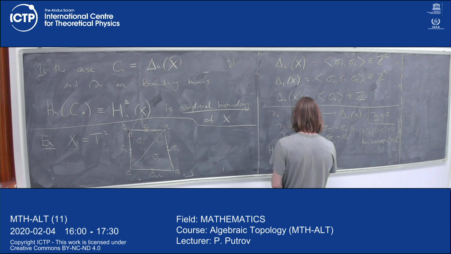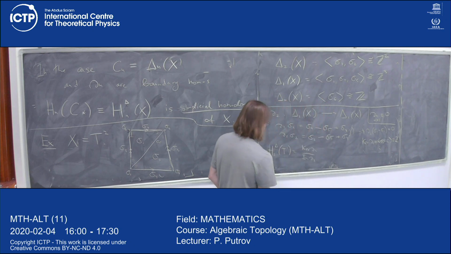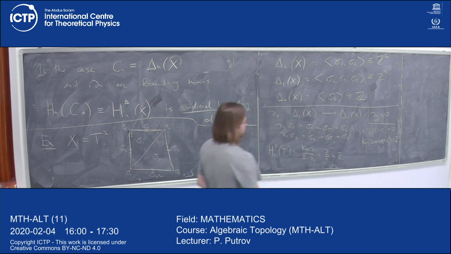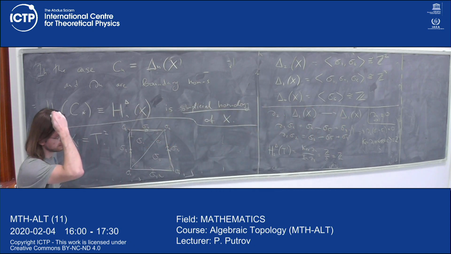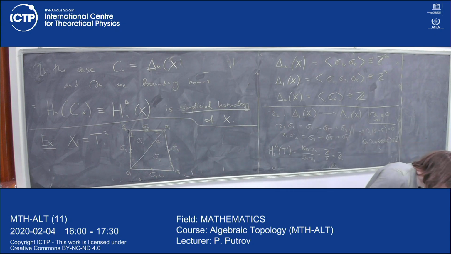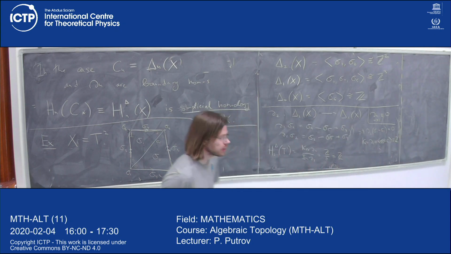So this is the kernel of D2 divided by the image of D3, which is Z divided by 0. So we calculated H2.